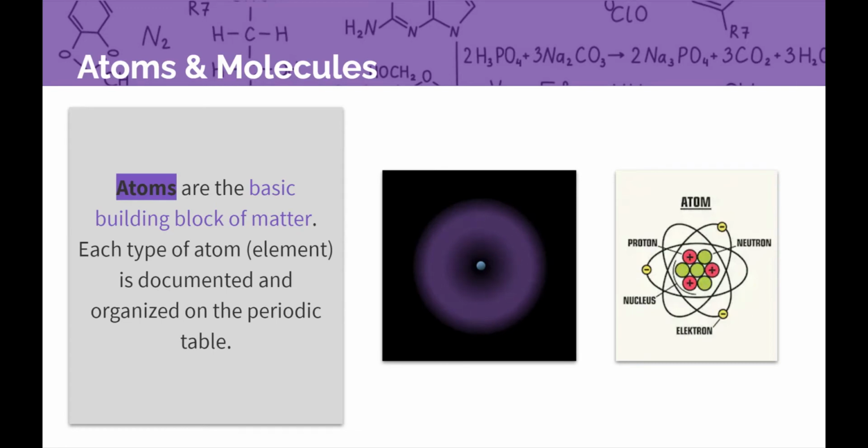At the very center, you have the nucleus, and that's where the protons and the neutrons are. Around the outside, you have what's called an electron cloud, and that's where the electrons are hovering around the nucleus. So an atom is just one single unit. It's one individual piece of matter, and it is the most simple piece of matter.